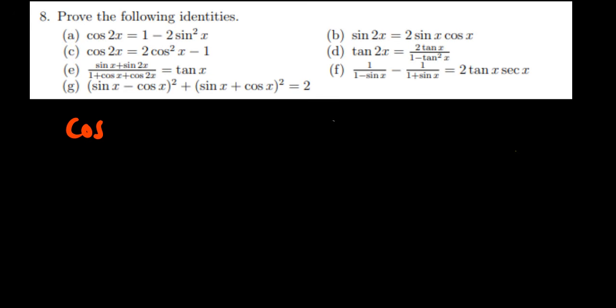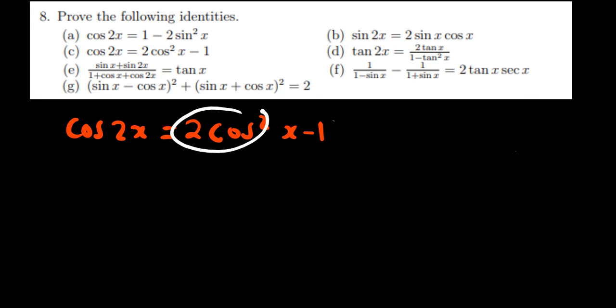Let's solve c. So for c, we are proving cos 2x is equal to 2 cos squared x minus 1. So what do we do? Which one can we use in this case? So this is cos 2x, a double angle formula. Now we want it to have cos squared, so that is our target. We're going from the left to the right.